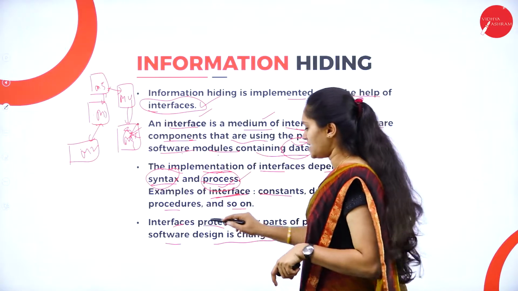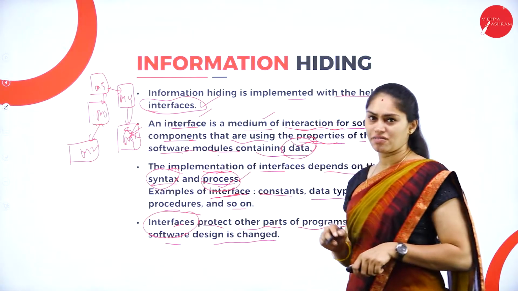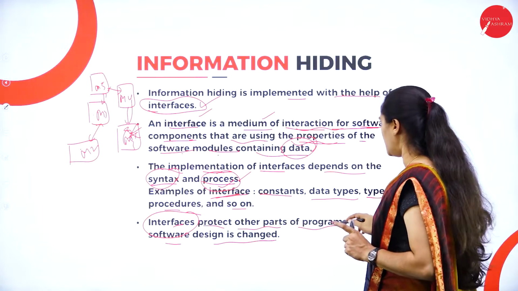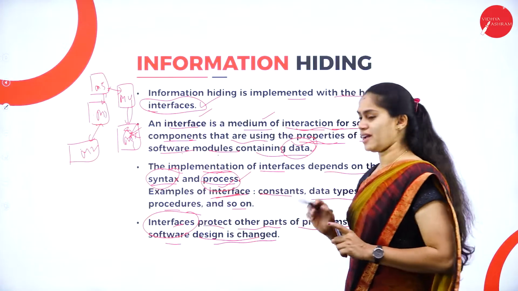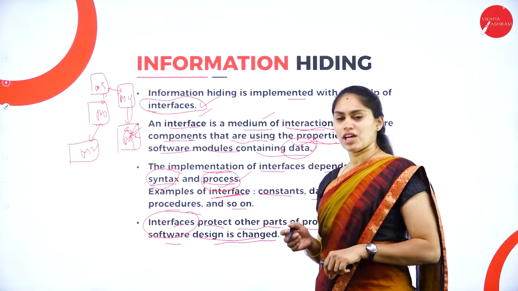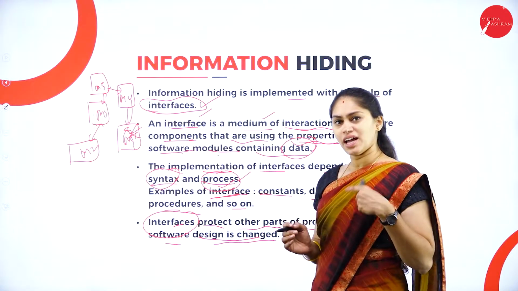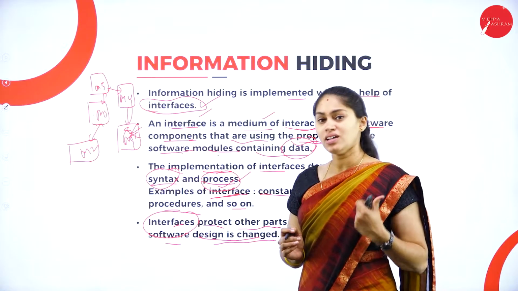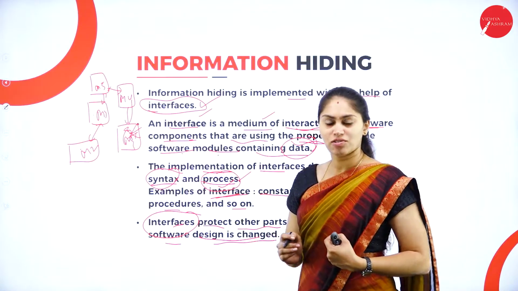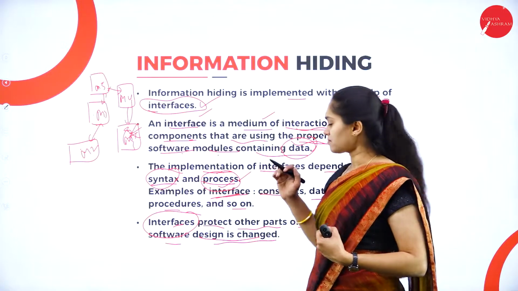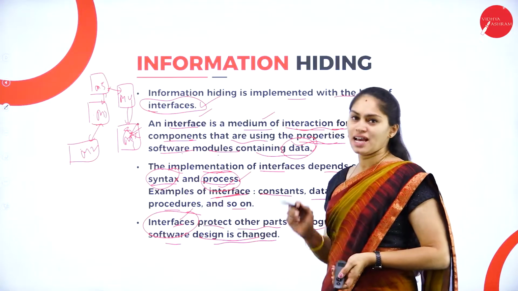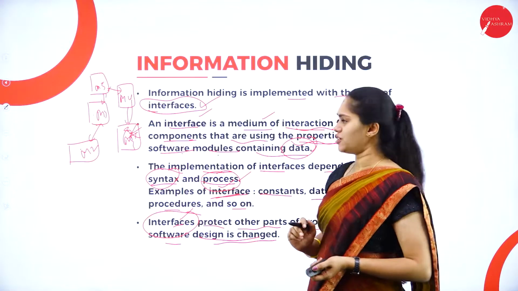That can be established with the help of this interface, which protects other parts of the program when the software design is changed. So when we are using WhatsApp or any social media account, and they are doing some updating in the background, that won't affect the usage of that application, right? That is with the help of this interface or information hiding.